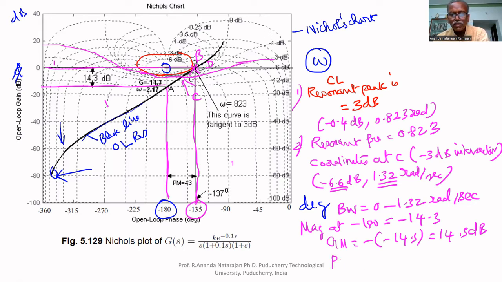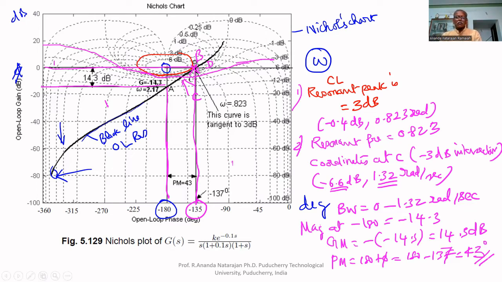Therefore, phase margin equal to 180 minus 137, that is 43 degree. Phase margin equal to 43 degree.